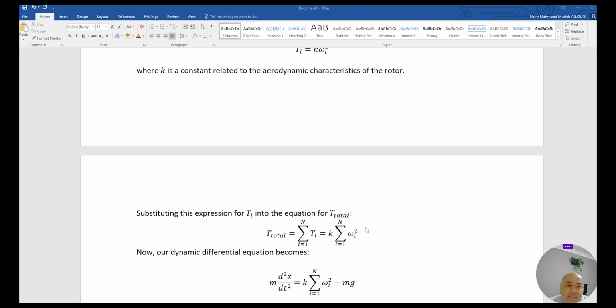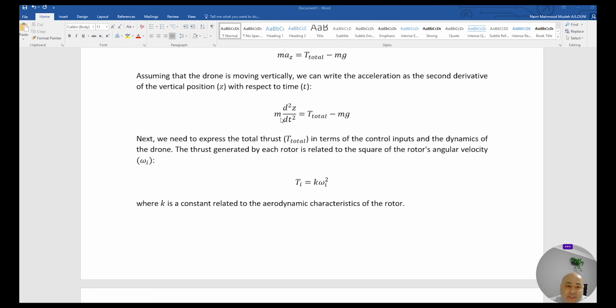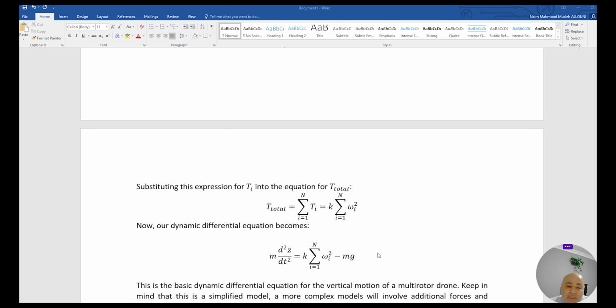Now, if we substitute this back into this equation here, which is mass times acceleration is equal to total force minus mg, we end up with mass times the acceleration in the z direction is equal to k multiplied by the sum between i equals 1 and n of all the angular velocities of the motors, minus the force due to gravity.